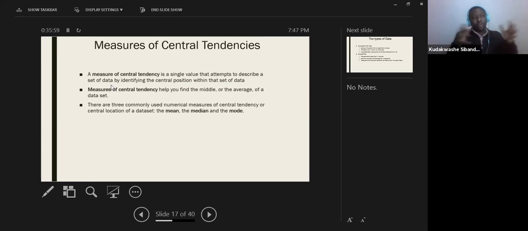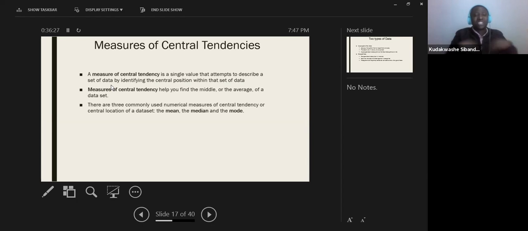You have data that you have gathered, and you want that data to be described using one value, based on the position that you would have calculated from that set of data. So basically that's what central tendency is.